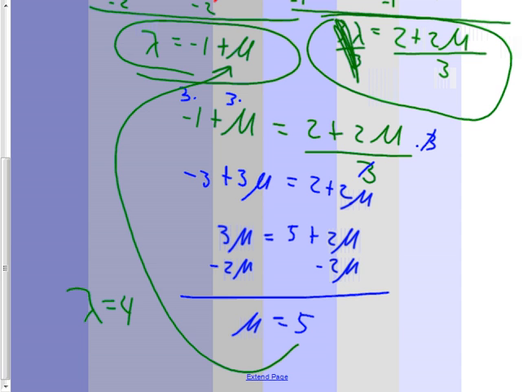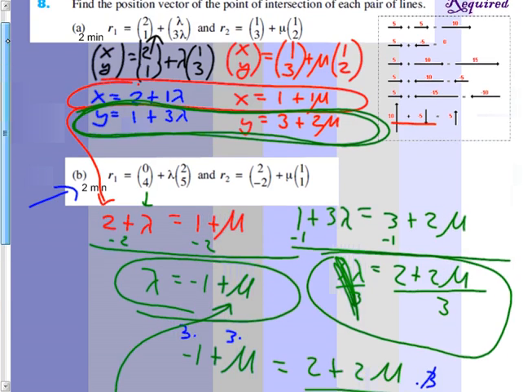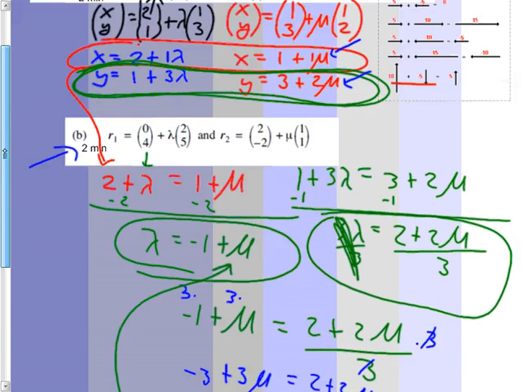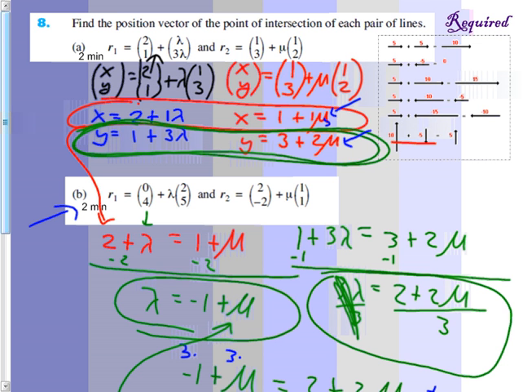The whole thing just didn't work. So at mu is 5, where would that go? Personally, I'd put it in right here into these equations because that'll tell me x and y really quick. Remember, mu was 5, so if I put in a 5 here and a 5 here, then I've got x must be 6 and y must be 13.